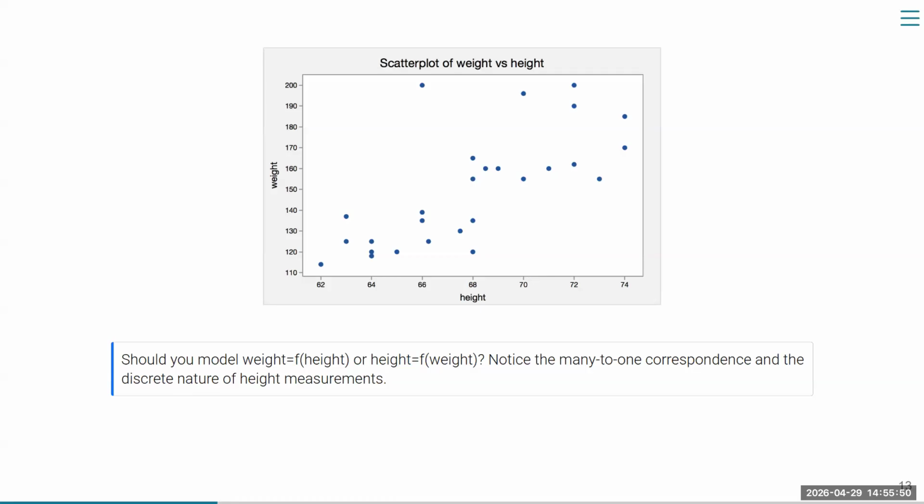Maybe there's no supposed to be intuition. I'd say since as you gain height, you have to gain some amount of weight too, but if you gain weight, that doesn't guarantee you gain height. Like in the real world, I think it's a height to weight relationship, just in practical application.